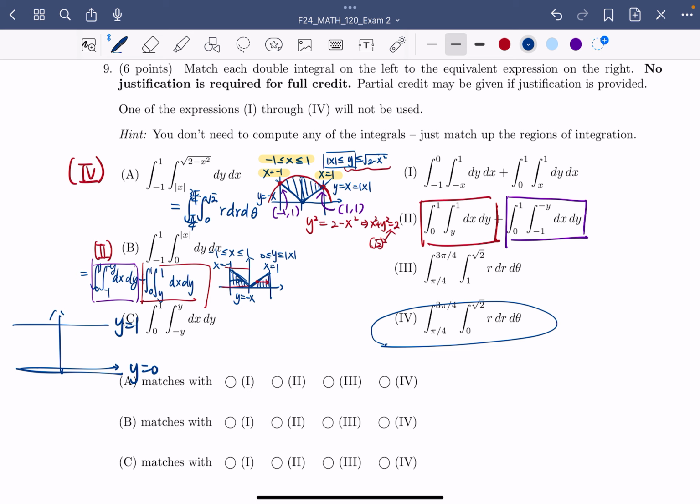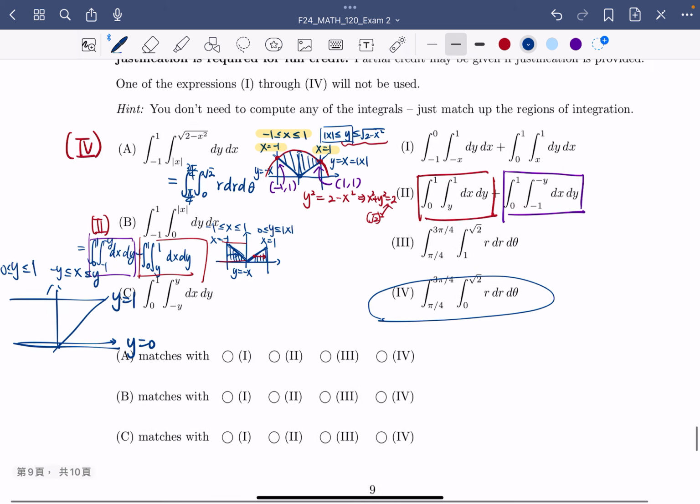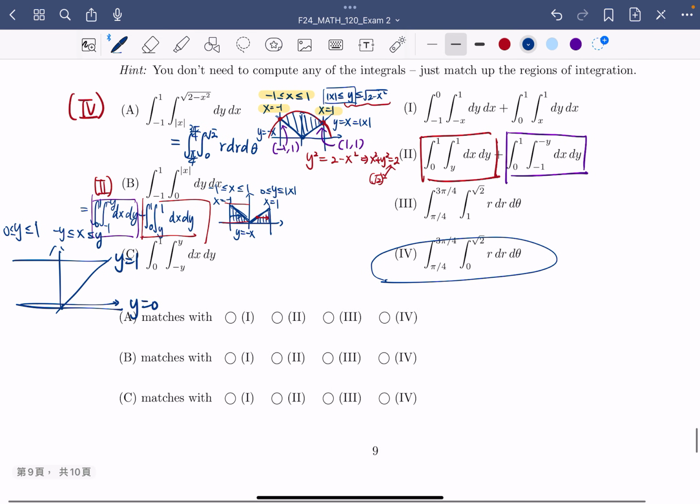So x equals, so we have these two lines, so from minus y to y. So this is the region we're integrating over.